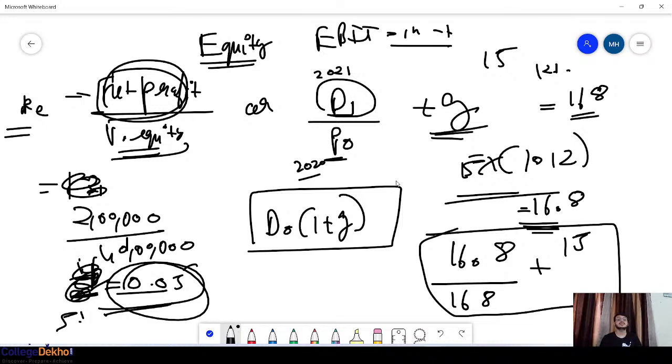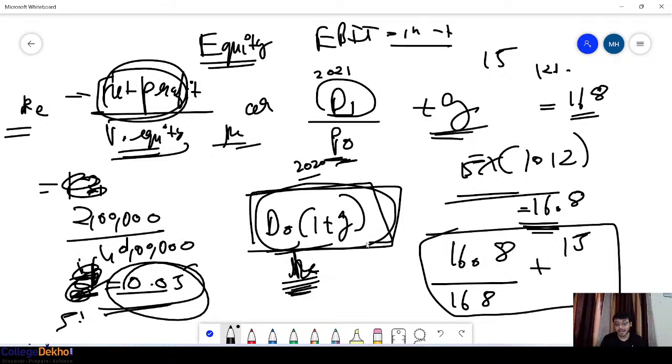In some questions, they say you to calculate the current market price of the share, or they say you to calculate the cost of equity only. देखो current market price तुम निकालोगे because उस question में तुम्हें cost of equity दिया होगा. ये एक बहुत simple method होता है where you are not taking into consideration your KE.